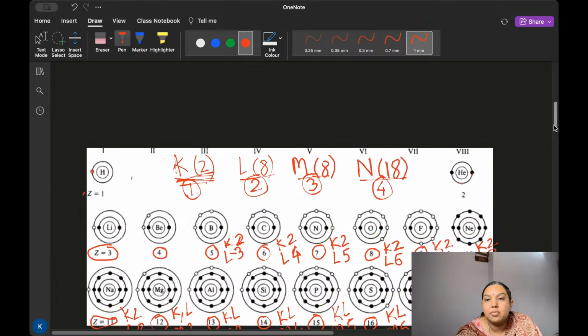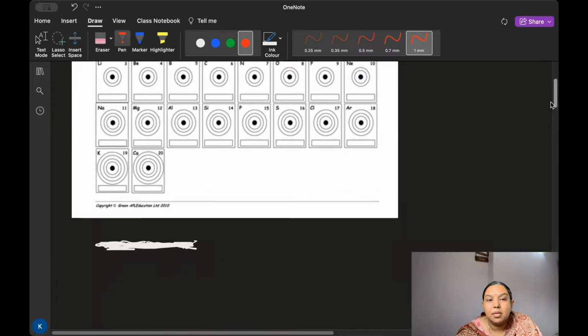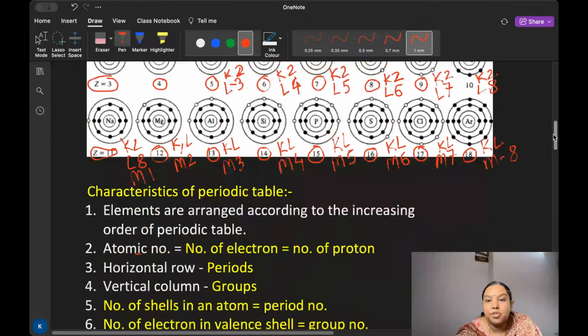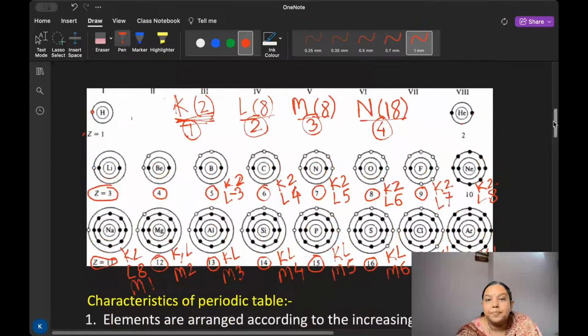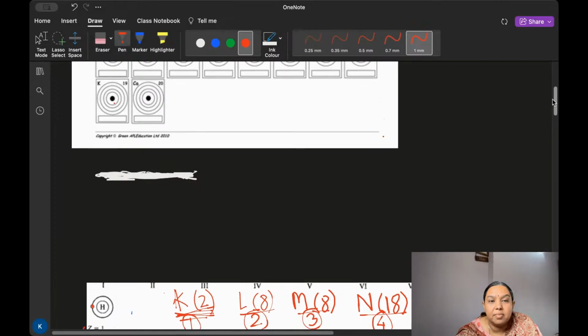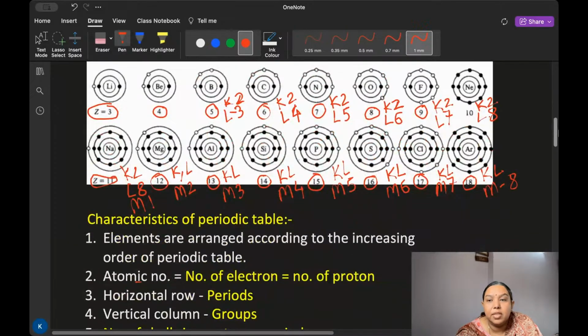Now let us move to the next, that is 19. So here we have 4 shells. K shell will be filled, L shell will be filled, M shell also will be filled, and the 19th one is potassium.